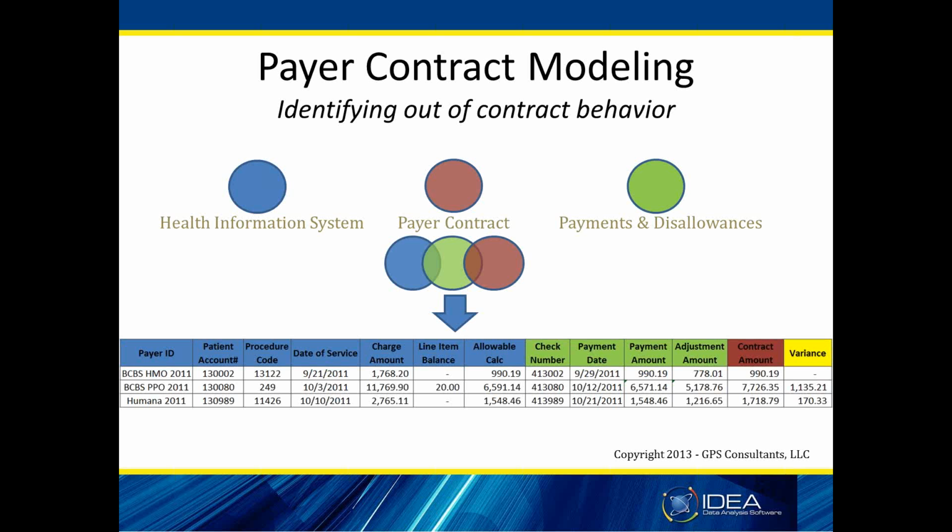And then we have the payments and disallowances that were actually applied or posted into your system, right? These are all different pieces, and we want to compare across them to see if everything lines up like it should.